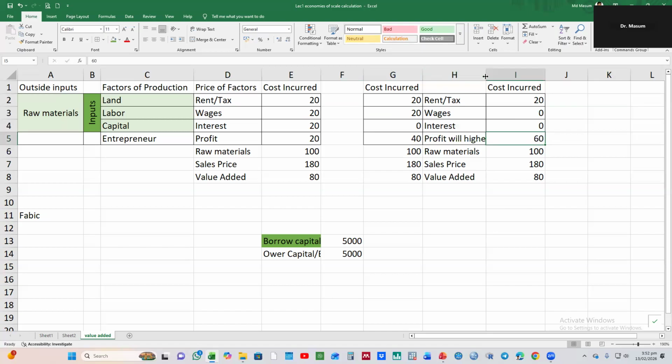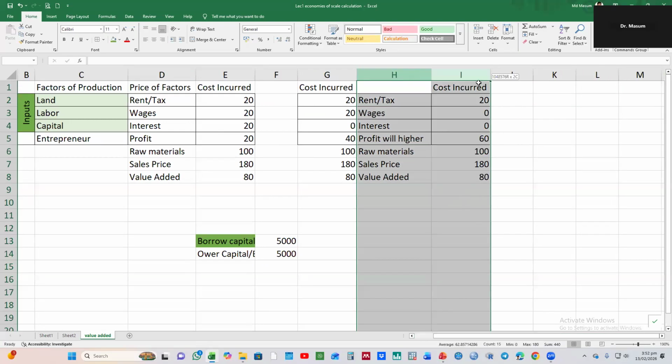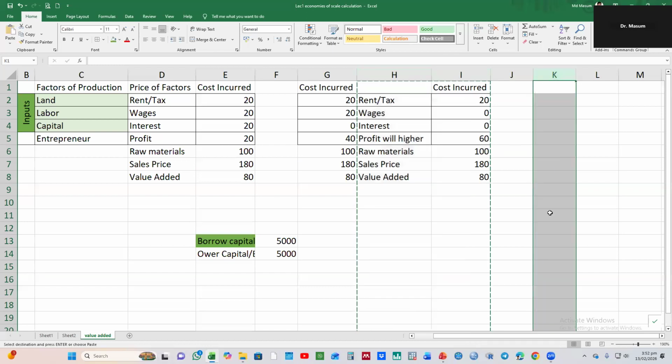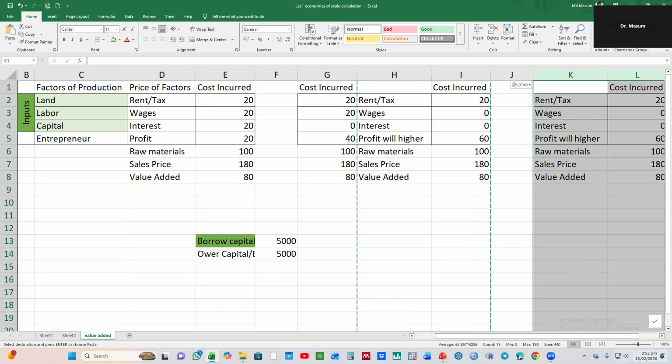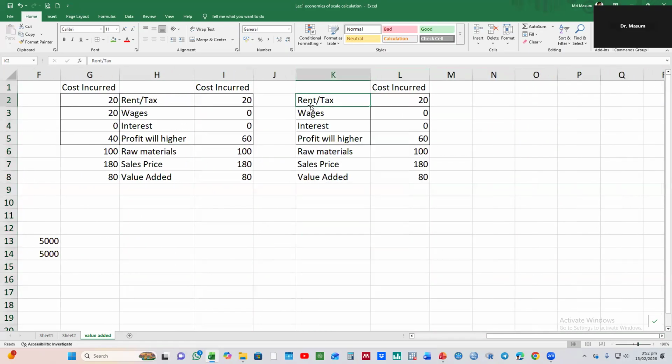So when you can do such type of business, maybe you are thinking about the fourth scenario. What is the fourth scenario? Fourth scenario is that now the owner, the room is also owned by him. That means, the shop where the tailors work, if he buys it himself, it is his own shop.